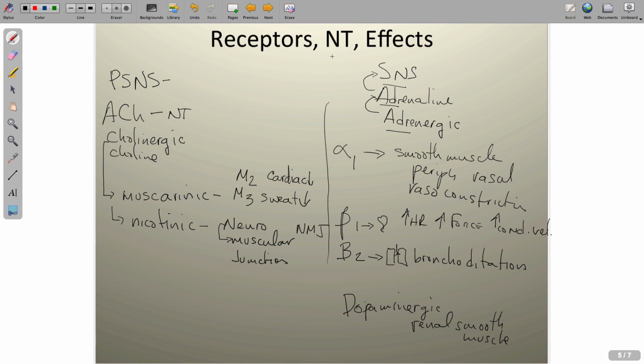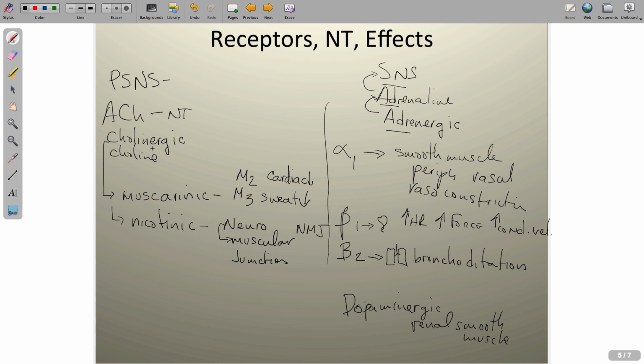So the neurotransmitter of the parasympathetic nervous system at the effector organ is acetylcholine. The neurotransmitter in the sympathetic nervous system end organ is adrenaline or norepinephrine. From there, we're going to look at specific receptor sites. The specific receptor sites that respond to acetylcholine post-ganglionic in the parasympathetic nervous system are called cholinergic receptors.